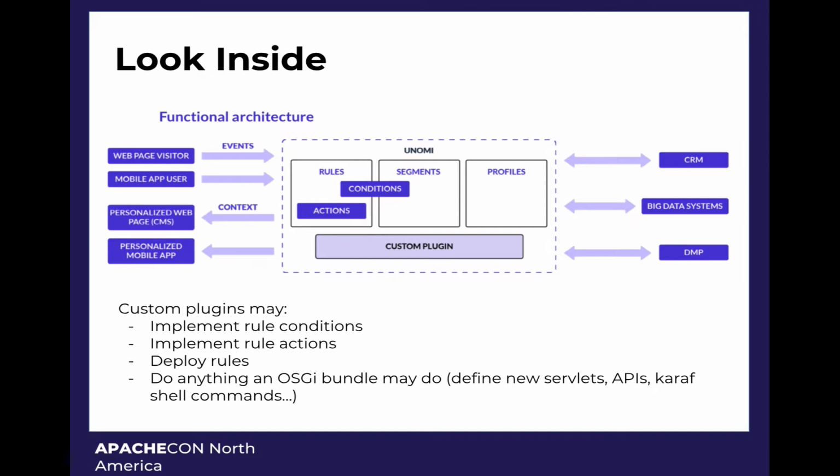The rules make it possible in real time to react to events that are coming in. And you can, of course, build custom plugins that can implement rule conditions, rule actions, deploy rules, or do anything that an OSGI bundle may do, such as define new servlets, APIs, shell commands, or anything like that.